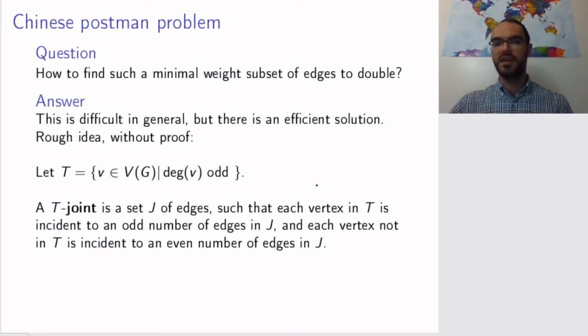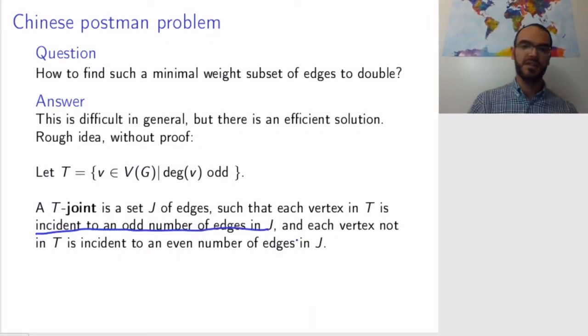What's a T-joint? It's a set of edges J so that the odd degree vertices are incident to an odd number of edges from this set J, and the other vertices that are not in T, the vertices that have even degree, will be incident to an even number of edges of J. So if I take my edges in J and draw them double, what will I achieve?